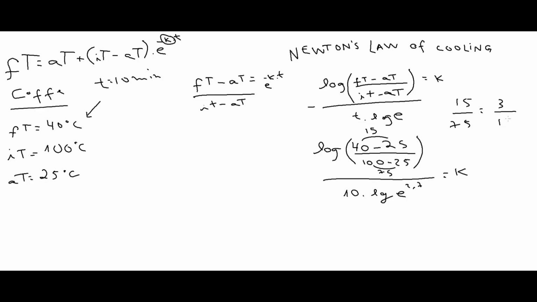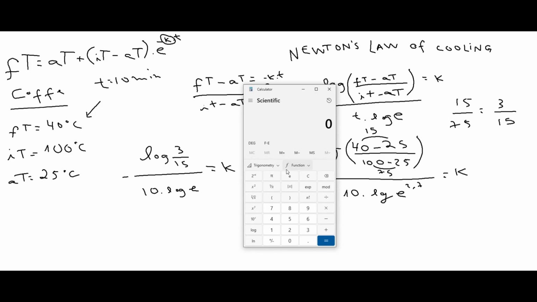Okay, so it's going to be the log of 3 divided by 15, divided by 10 times the log of Euler's number. That's the minus, and that's the k value. 10 divided by 15 is 0.2.